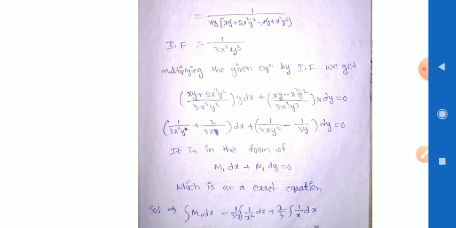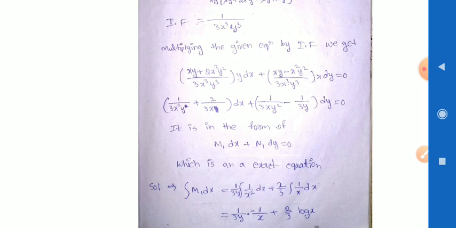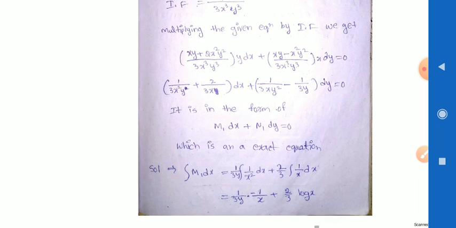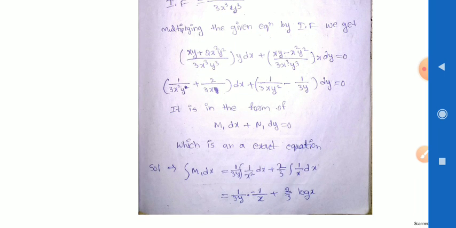By simplifying we get (1 by 3x square y plus 1 by 3x) dx plus (1 by 3xy square minus 1 by 3y) dy is equal to 0, which is in the form of m1 dx plus n1 dy is equal to 0. Then m1 dx plus n1 dy is said to be exact if we check that dou m1 by dou y and dou n1 by dou x are equal. Therefore we can conclude that m1 dx plus n1 dy is an exact differential equation.